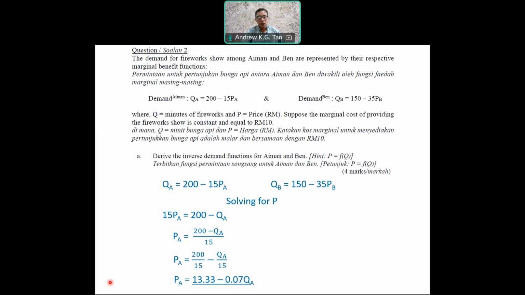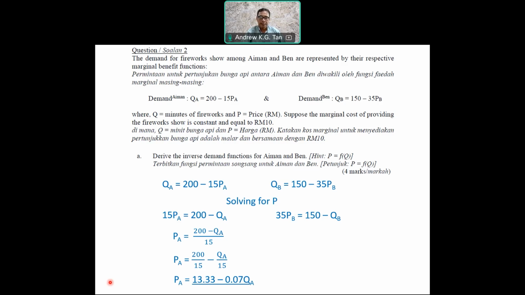For PB, we move negative 35 PB to the left, ke sebelah kiri, kita dapat 35 PB positive is equals to 150 minus QB. As we move QB from the left to the right, the sign changes to a minus.